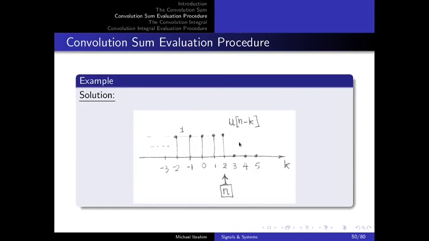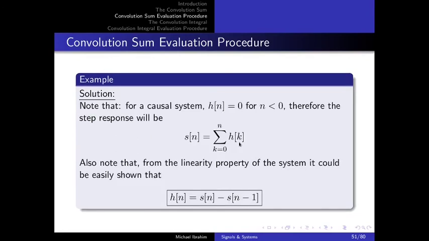We start with u of k, then u of minus k, then u of n minus k. And if the system is causal, if h of n is 0 for n less than 0, the summation would be from 0 up to n of h of k, instead of going from minus infinity up to n.